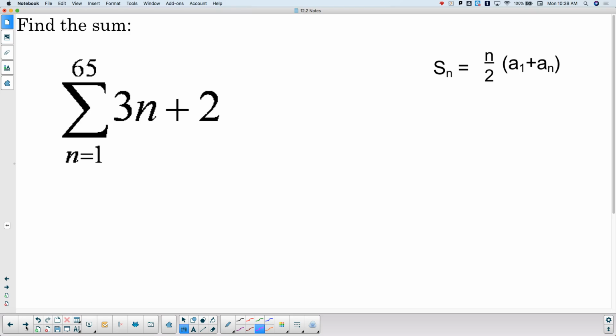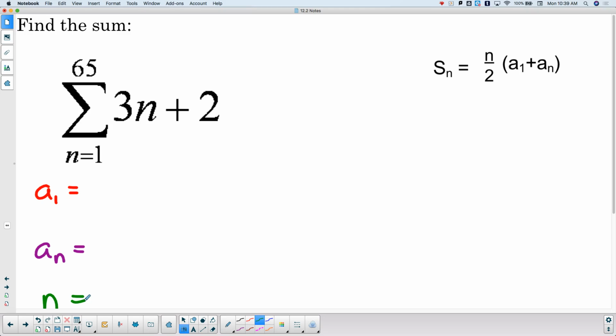So if I'm finding the sum of whatever it is, I need my first term, I need my last term, and I need my total number of terms. I need those three things.